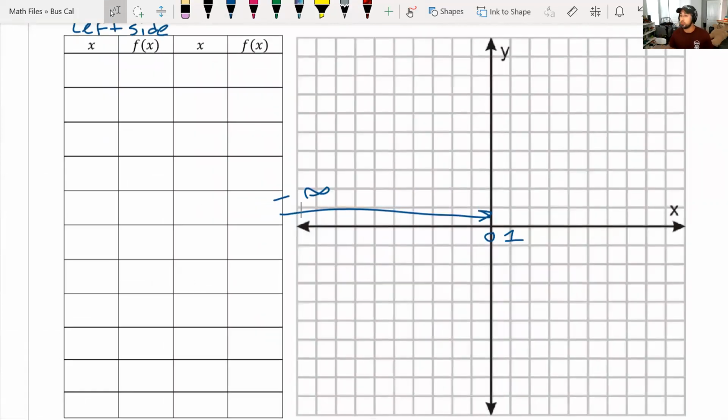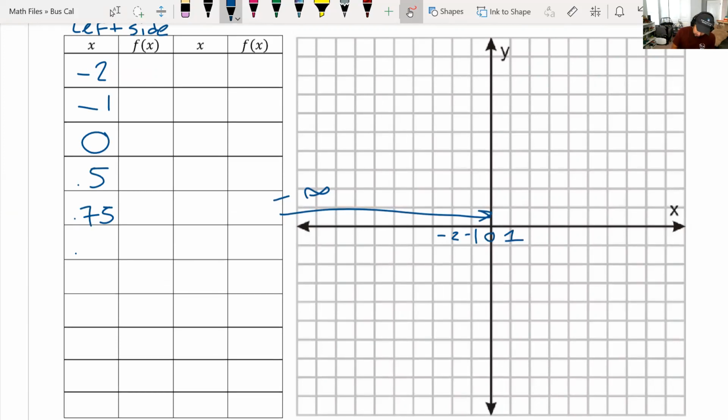Okay, well, let's look at that. Let's choose some numbers. We don't have to fill up this whole XY chart. Let's choose some numbers to the left of 1. Let's start at negative 2, which is here. Then let's start at negative 1. Then let's choose 0. And now let's choose numbers that get really, really close to 1, but are not 1. So we'll start with 0.5, 0.75.